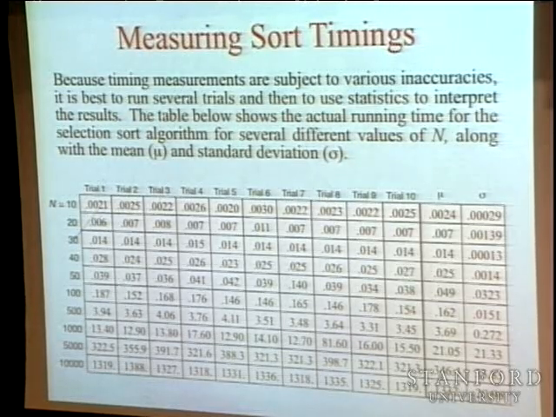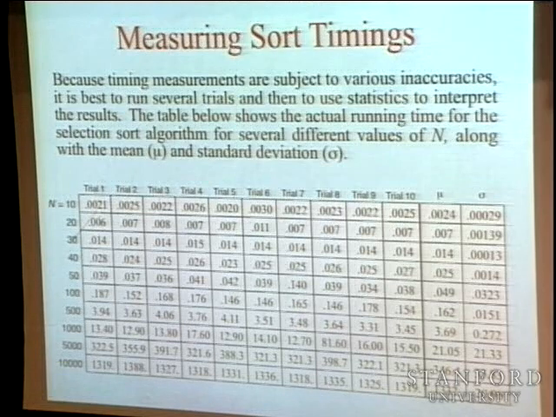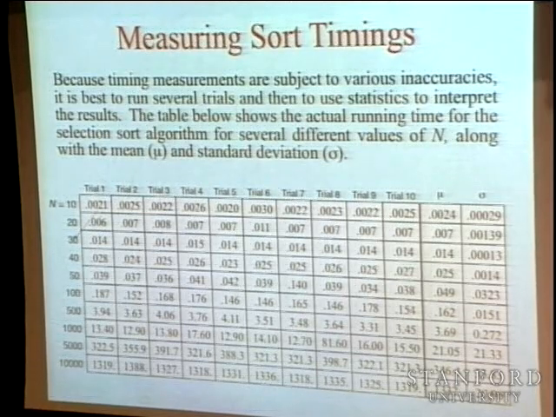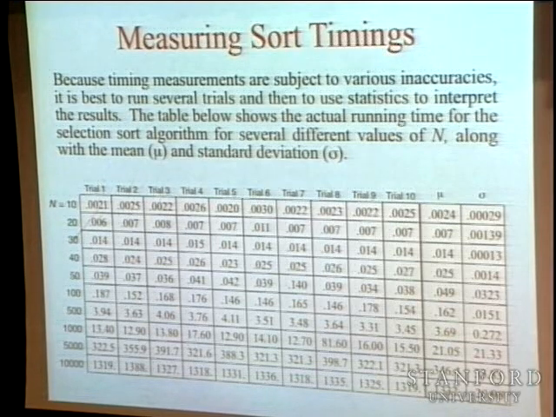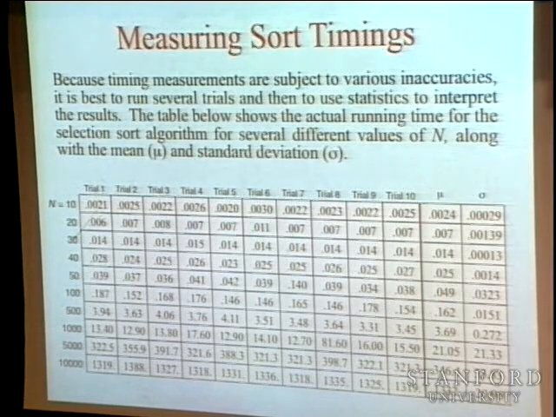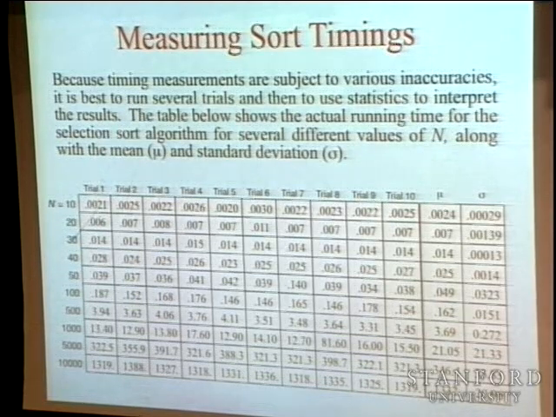But before I do that, here's a slide where I attempted to do the timing test. So I held all the factors constant that I could, except that I changed the size of the input.